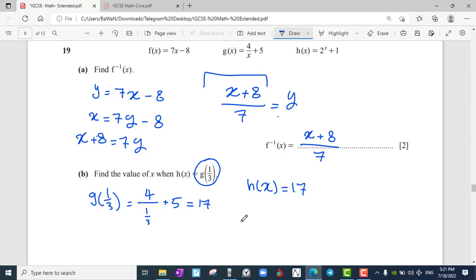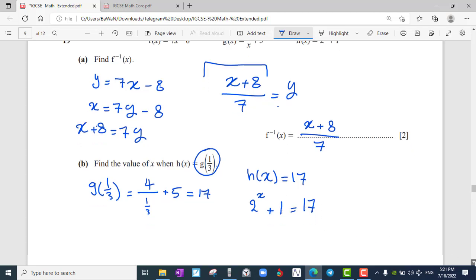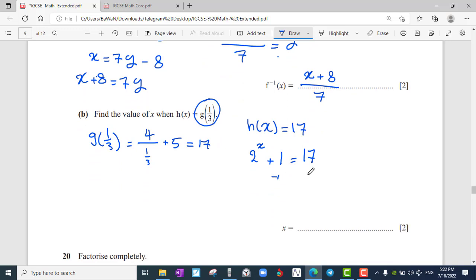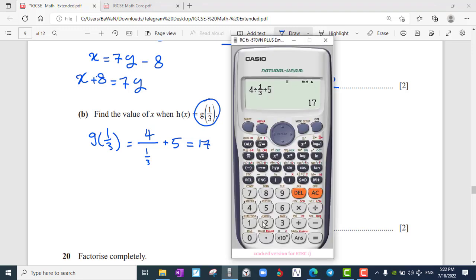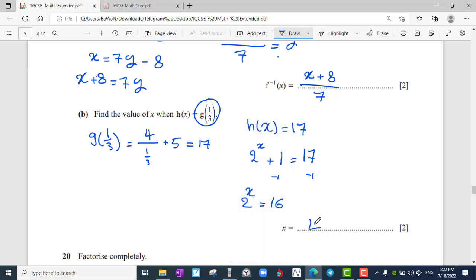Now h(x) is 2 power x plus 1 equal to 17. Now minus 1, 2 power x is equal to 16. It means x is 4 because 2 power 4 is equal to 16. So x is equal to 4.